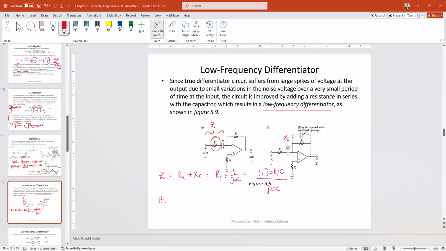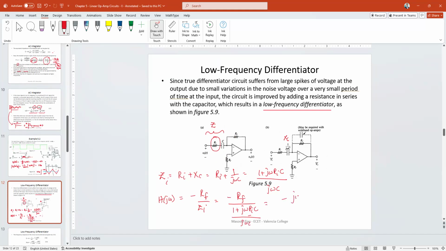And then, of course, your transfer function, which is the output over input, will act as an inverting amplifier with the input impedance to be Z, or you can call it Z input, whatever. And the feedback is RF, so it's simply going to be RF over ZI, which is equal to negative RF over 1 plus j omega R input C over j omega C. This j omega C is going to go in the denominator.